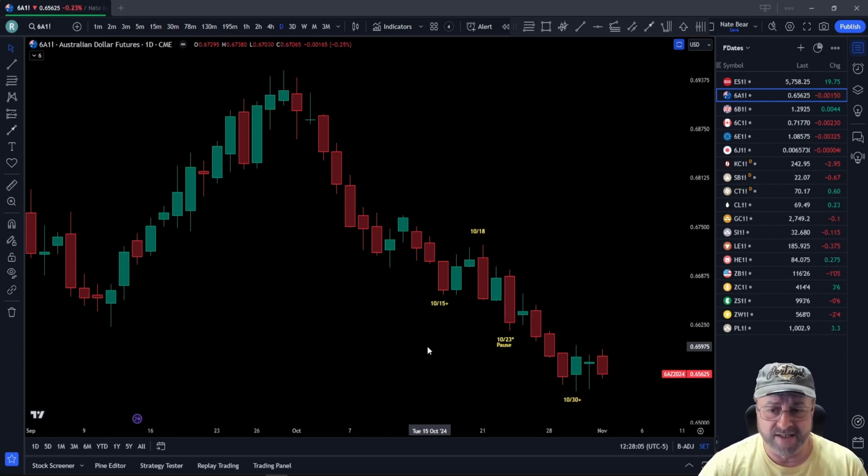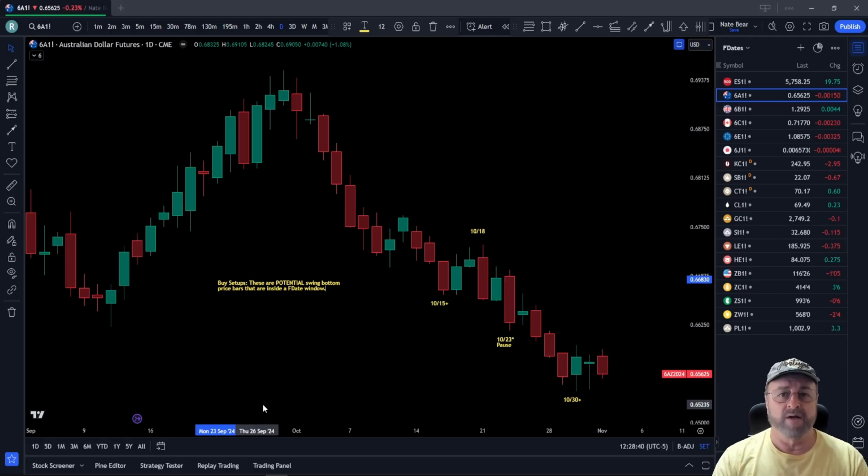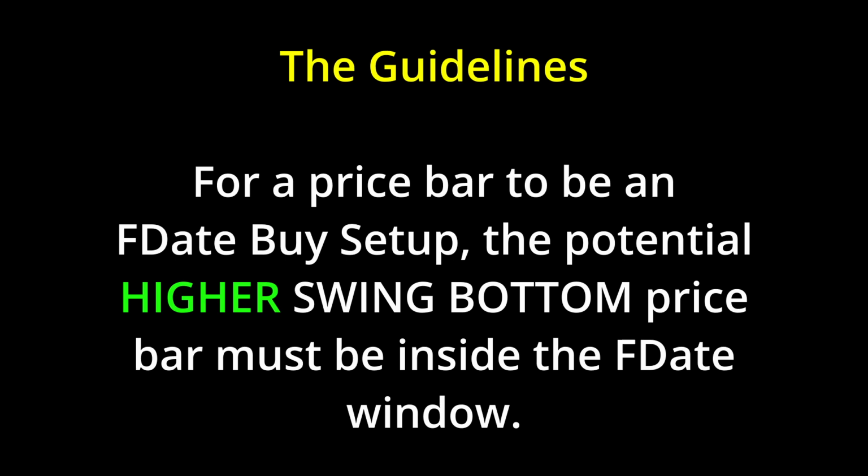Our guideline says for us to take a potential swing bottom and treat it as a buy setup, it needs to be a potential higher swing bottom. And remember what an F date window is. You take the date and you can allow minus or plus one trading day on a daily, one trading week on the weekly time frame.